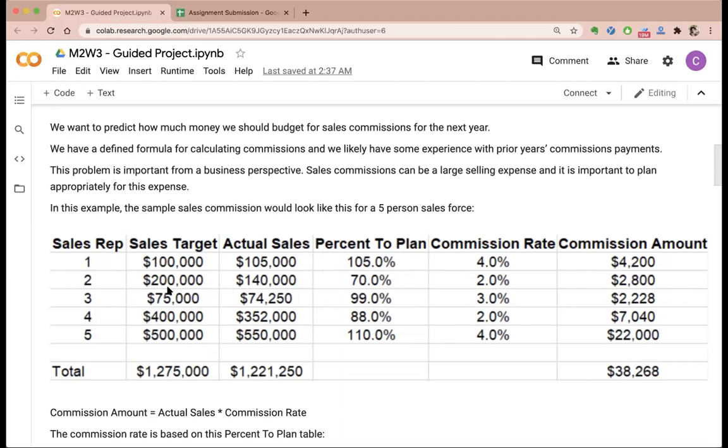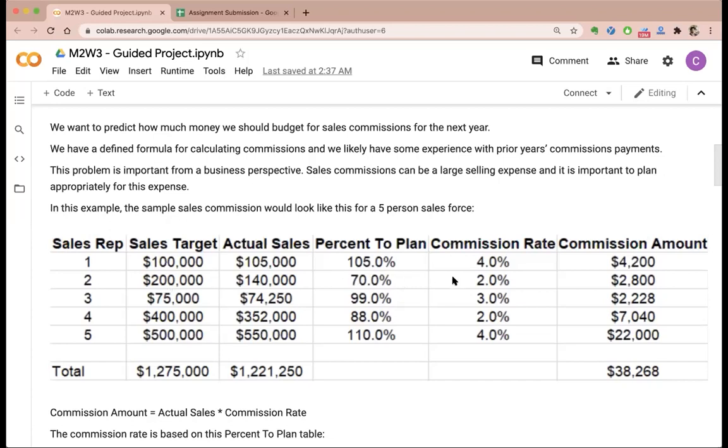Okay. So the second guy did not achieve or even go close to the target. So 200K dollars was the target and he achieved 140K dollars. So 70% is what he made, right?